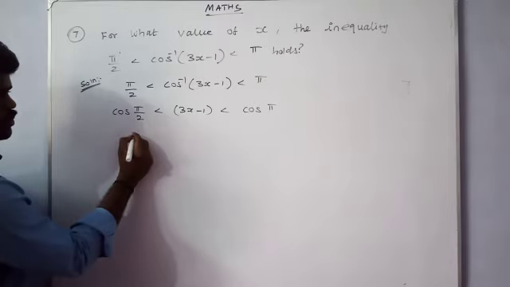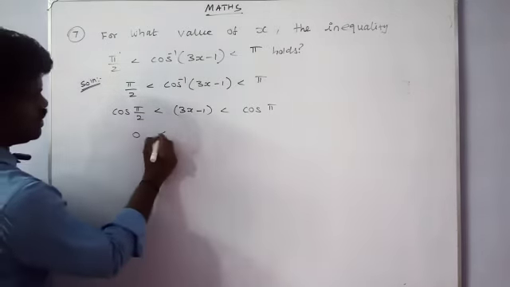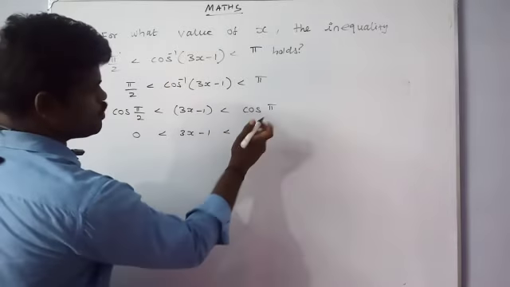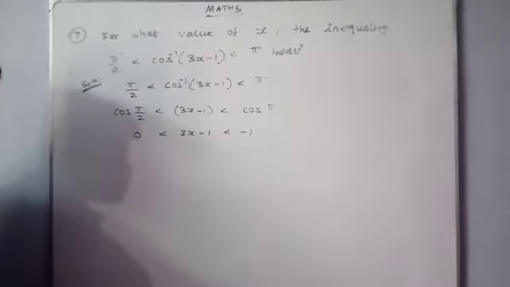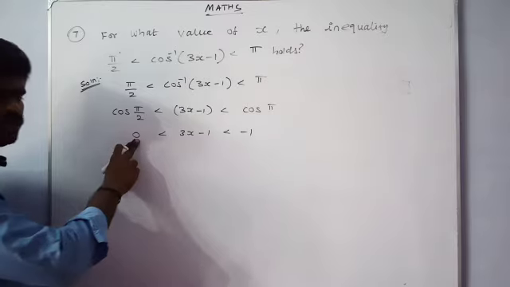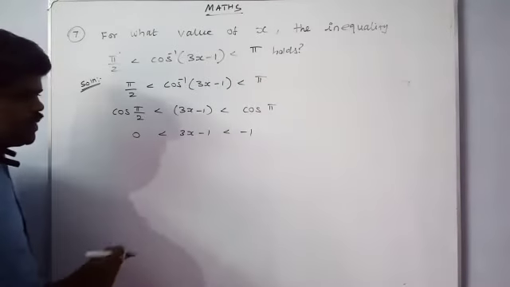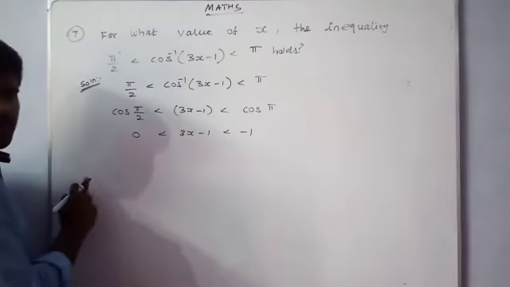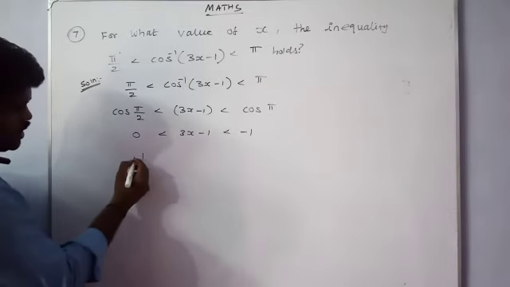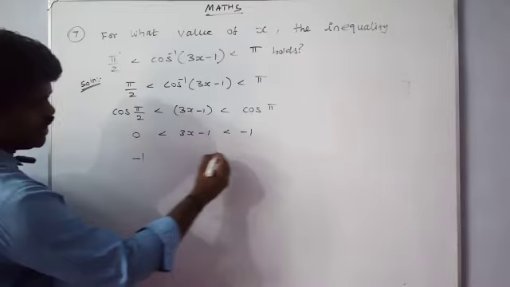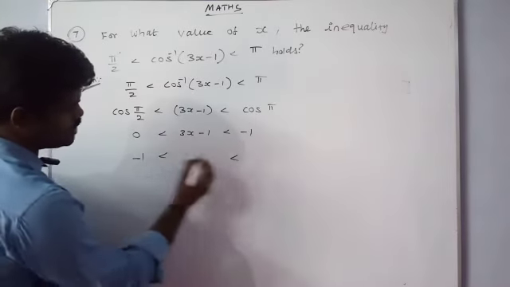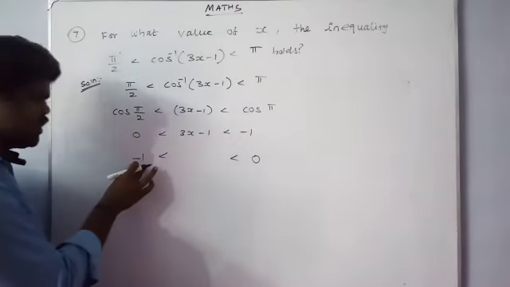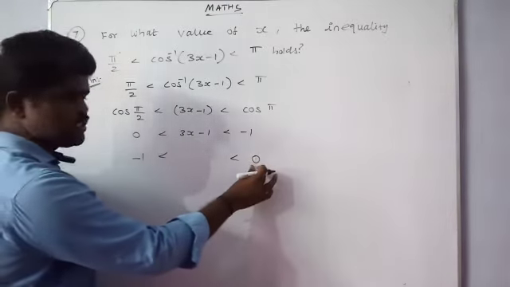Here cos pi by 2 means 0, less than 3x minus 1, less than cos pi value, which is minus 1. This is the biggest value and this is the smallest value, so we want to change the inequality. Write the minimal value here and the maximum value here. Compare 0 and minus 1: minus 1 is the minimum value, 0 is the biggest value.